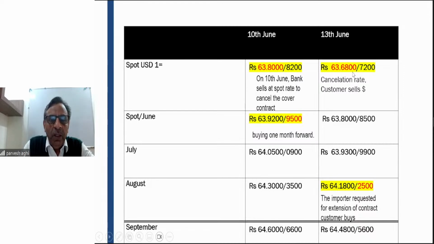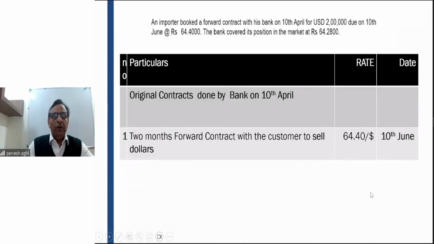Okay, then you rebooked your contract, and you wanted the contract to be extended till August. So this is the importer requesting an extension of the contract. So this rate will apply for that. Okay. So let's now solve it one by one. Original contract done by the bank on 10th April.